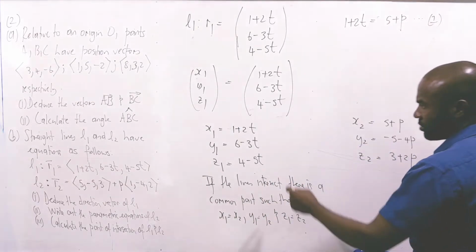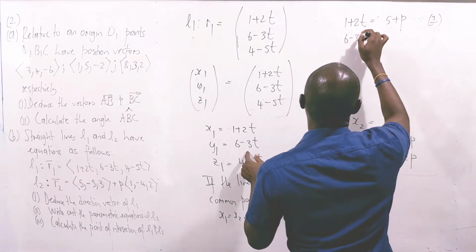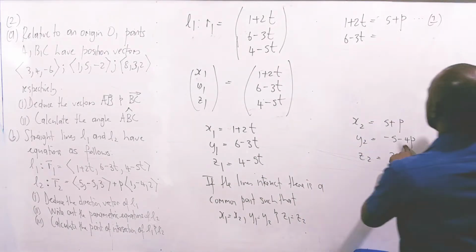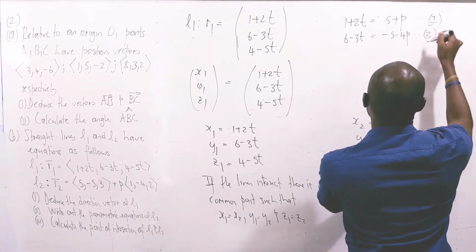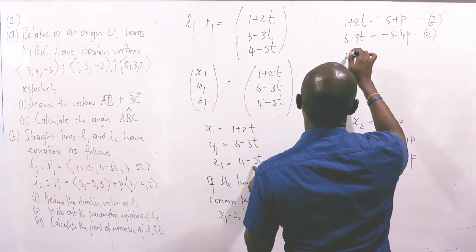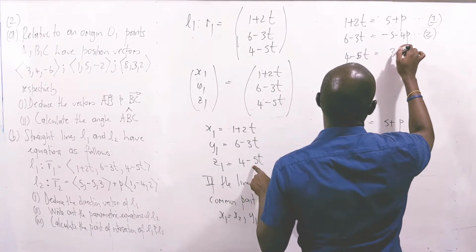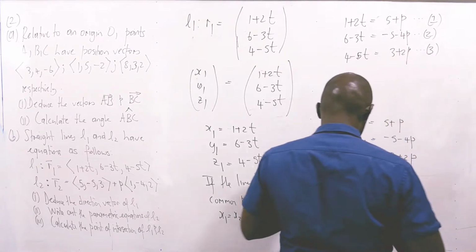For the y, we have 6 minus 3t equal to minus 5 minus 4p, and we'll call it equation 2. And lastly, 4 minus 5t is equal to 3 plus 2p, and we call it equation 3.